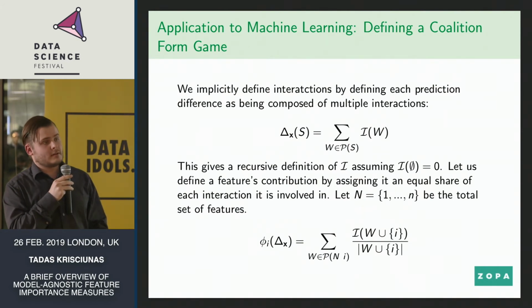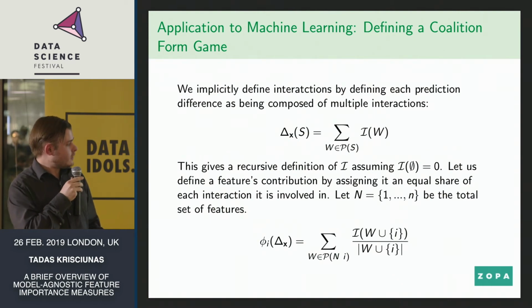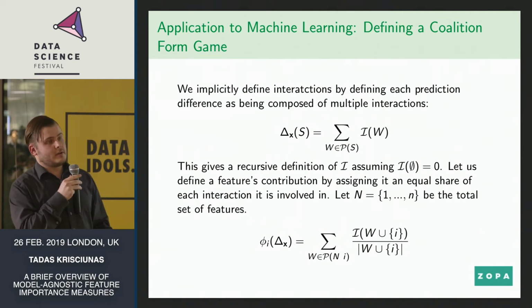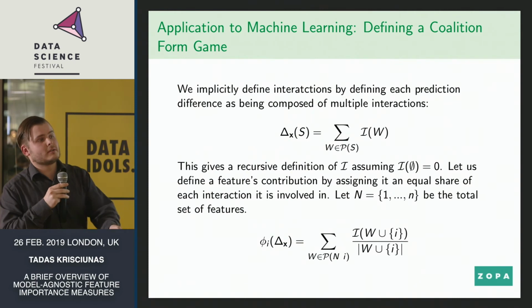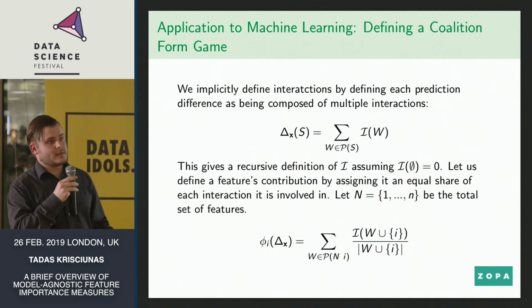And then consider a function phi, which just assigns to each feature the total sum of interactions that feature participates in, weighted by the size of the feature coalition. We are effectively just summing over all interactions that the feature participates in and weighing them.